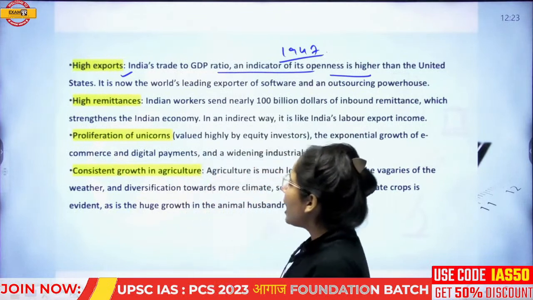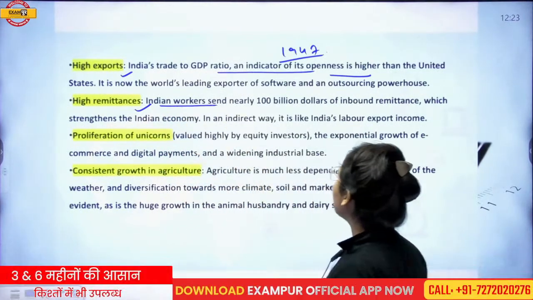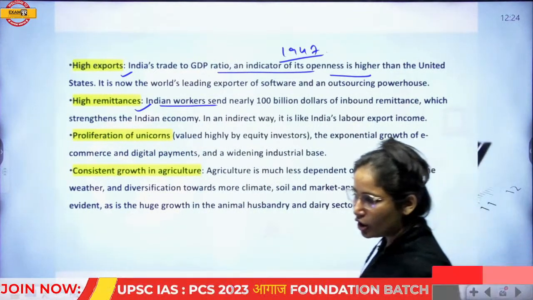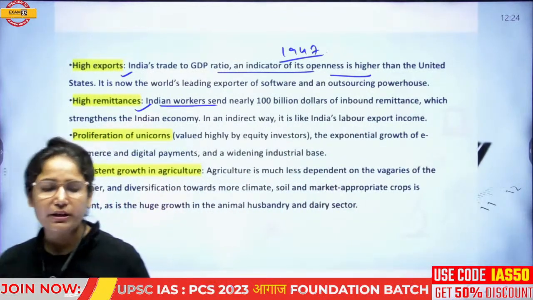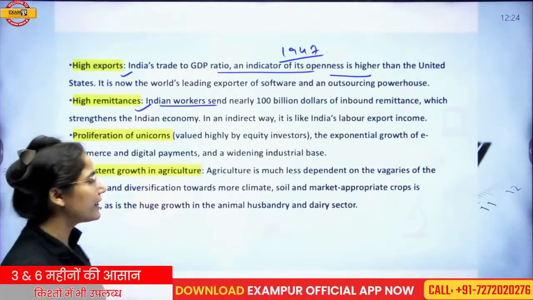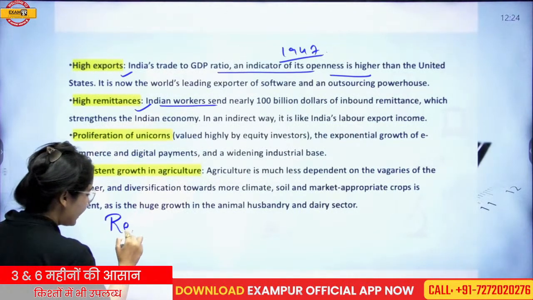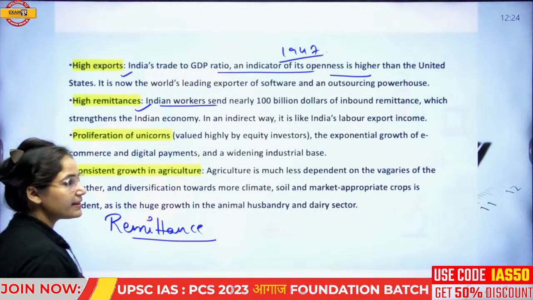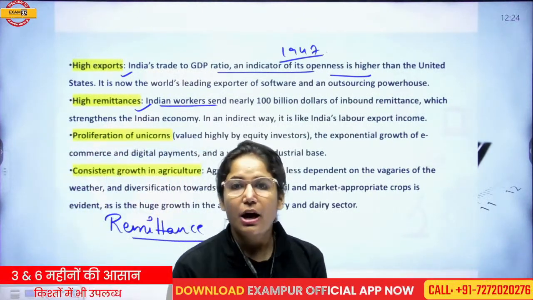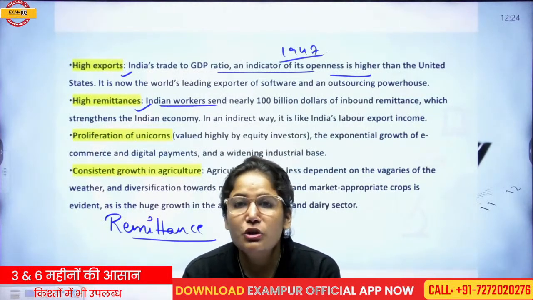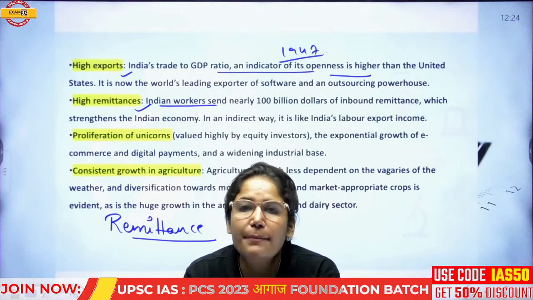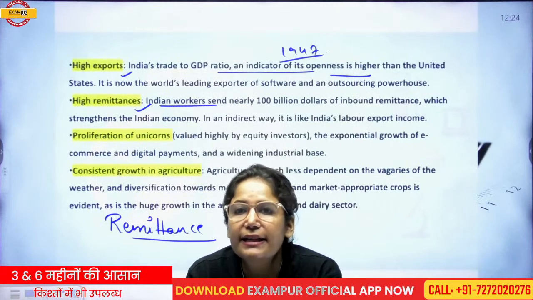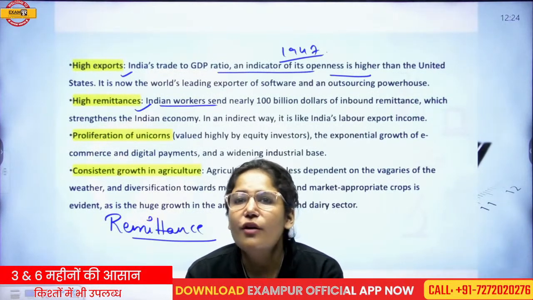Next point is all about high remittances. India is performing so good in remittances; inbound remittances strengthen the Indian economy. Why is it so? Why are remittances so important with respect to India? You need to consider this point. I would like to explain remittances. After the UAE, the United Arab Emirates, the USA has attained the top position in case of remittances.